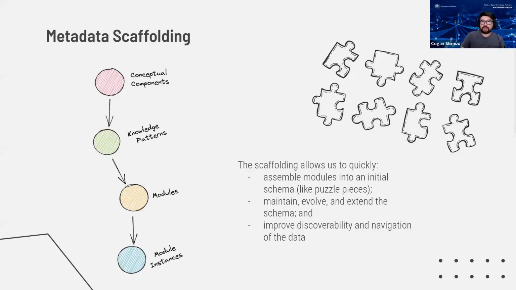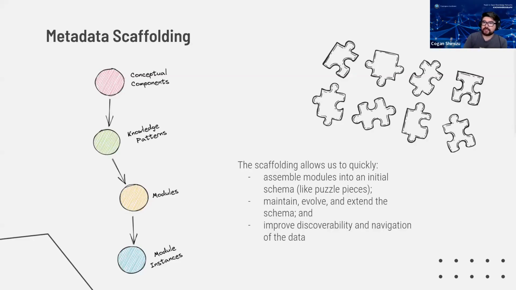And then you create modules out of those patterns by instantiating them using that process that we did 2 slides ago, where we go from the more abstract concepts and models to the concrete models. And then you have the actual data inside of the knowledge graph called module instances.